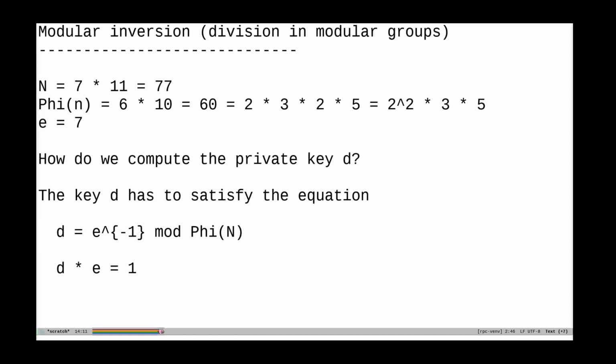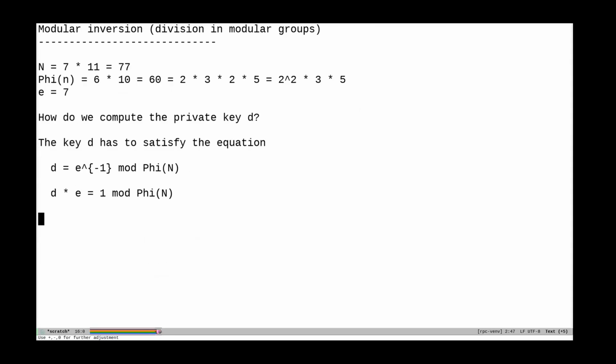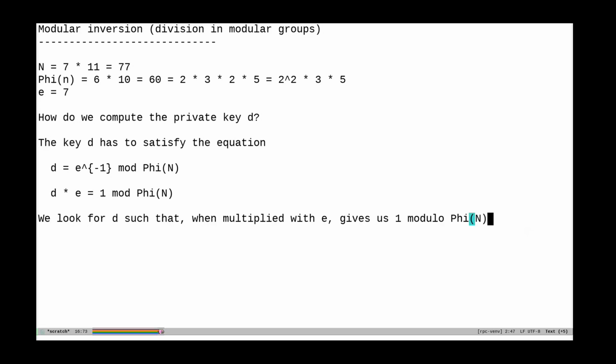We want to obtain the neutral element for multiplication, and this has to happen modulo phi of n. So we are looking for a number d which, when multiplied with e, gives us 1 modulo phi of n.